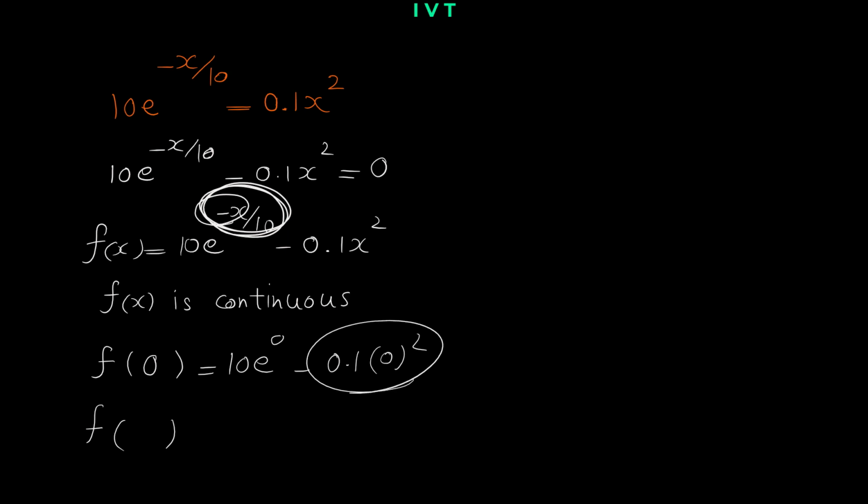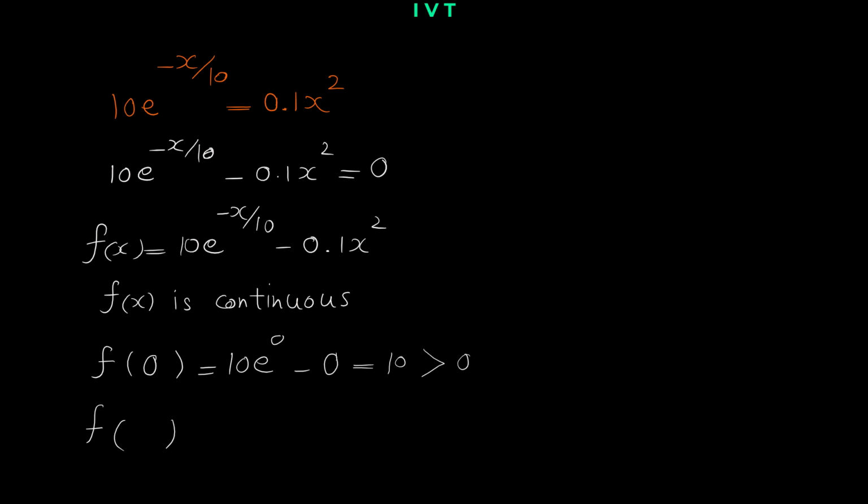The second term is 0, so only 10e to the 0 remains. E to the power of 0 is 1, and 10 times 1 is 10. So this is positive.